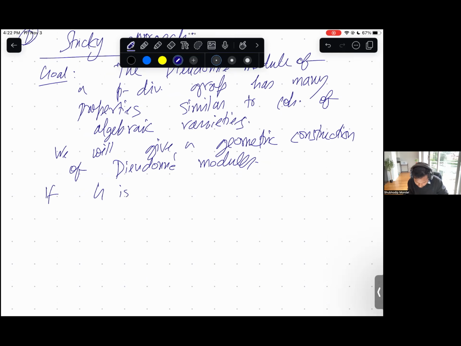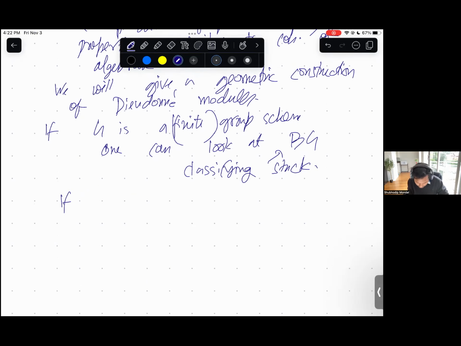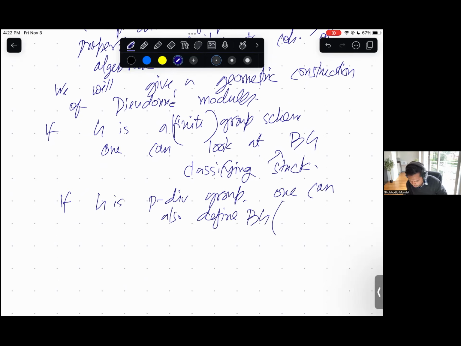If G is a group scheme, we don't really need the assumption of finiteness, one can look at BG, the classifying stack of G. And if G is a p-divisible group, one can also define it by taking a direct limit in the suitable category of stacks.